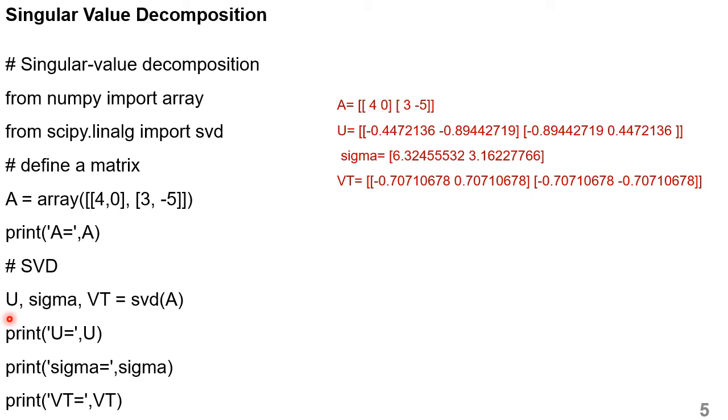In order to get the three matrices, U, sigma, V transpose is equal to SVD of A. So U will be U matrix, sigma will be sigma matrix, and VT will be V transpose matrix. All these three matrices will be printed because I use the print statement. So in the output, I will be getting U matrices, sigma matrices, and V transpose matrices. You can verify the answers.